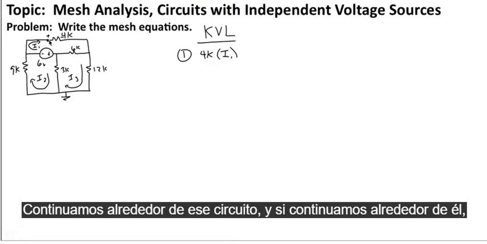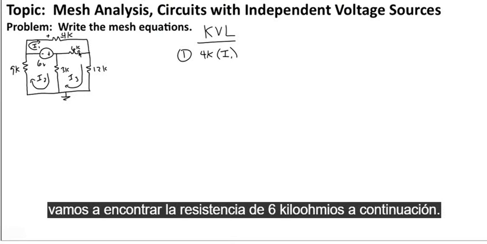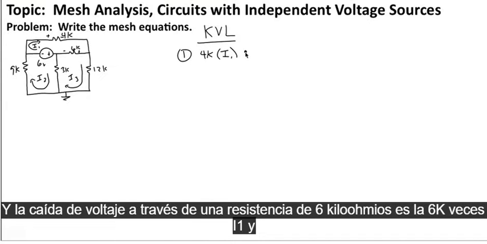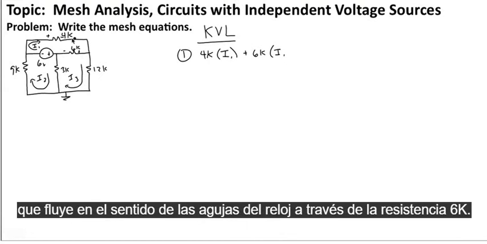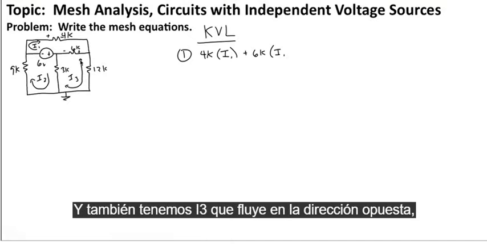We continue around the circuit, and we encounter the 6 kilo ohm resistor next. The voltage drop across the 6 kilo ohm resistor is 6K times I1, which is flowing clockwise through the 6K resistor. And we also have I3, which is flowing the opposite direction.